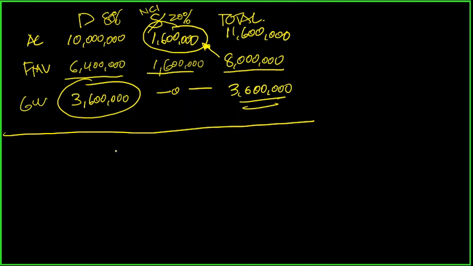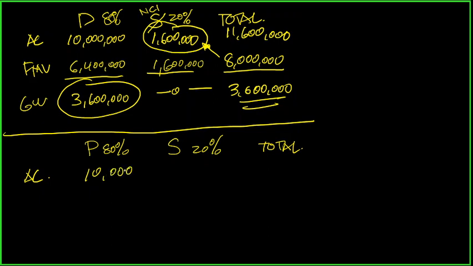Let's compute for the total goodwill approach. You have the parent and subsidiary. Given. 20 and 80.